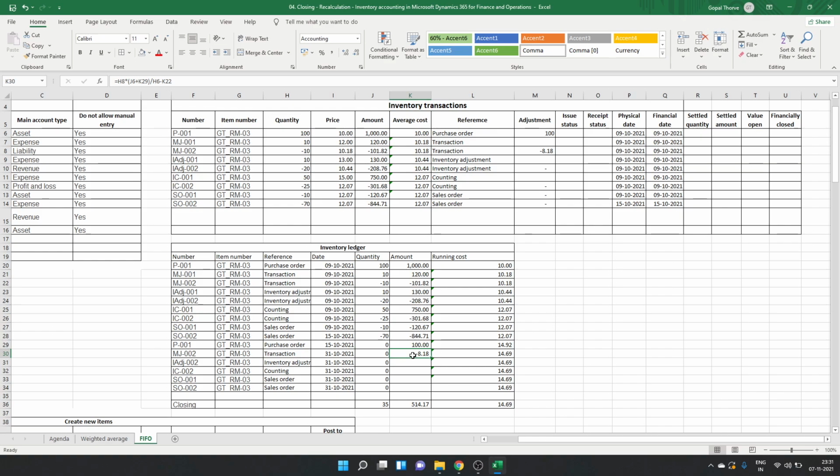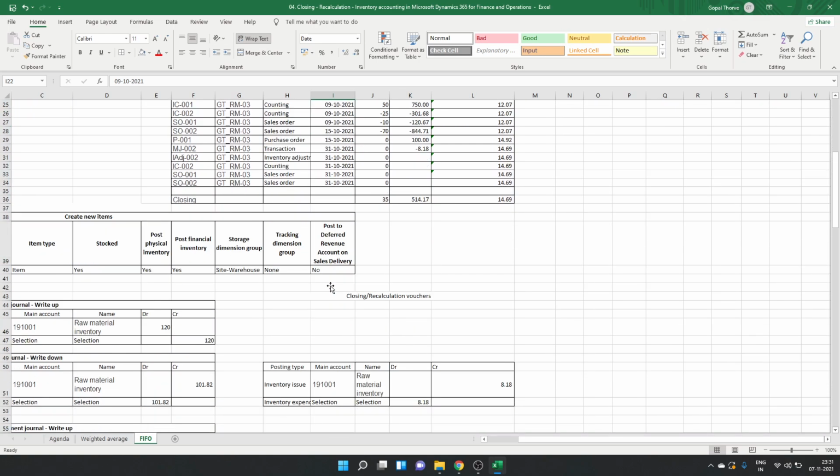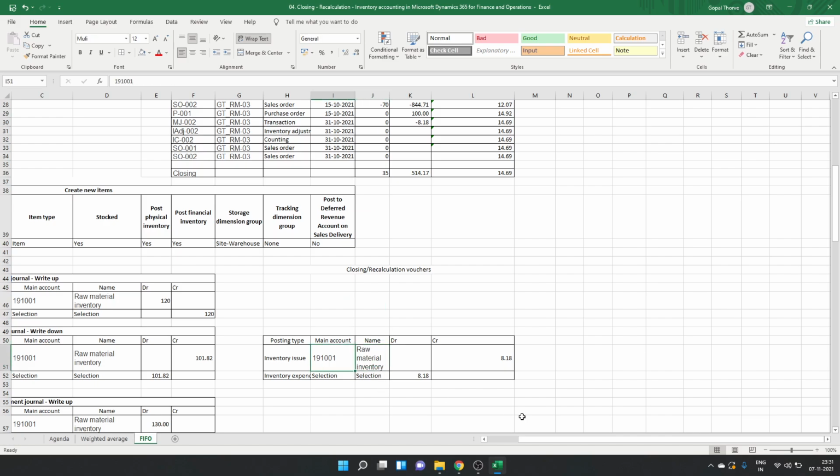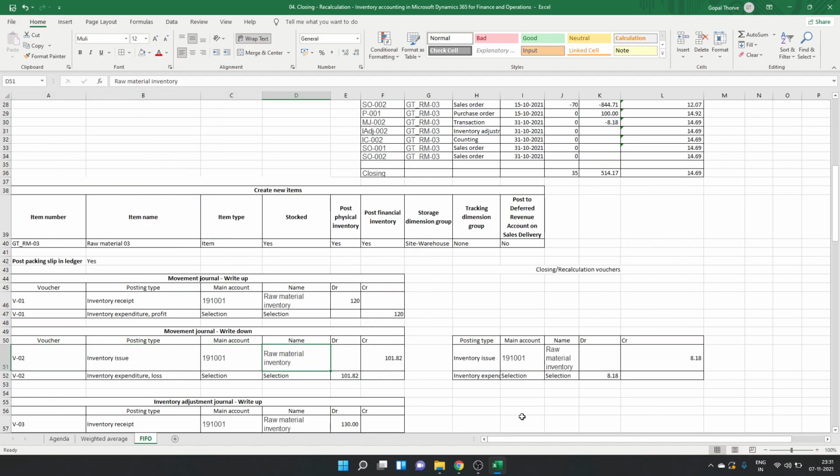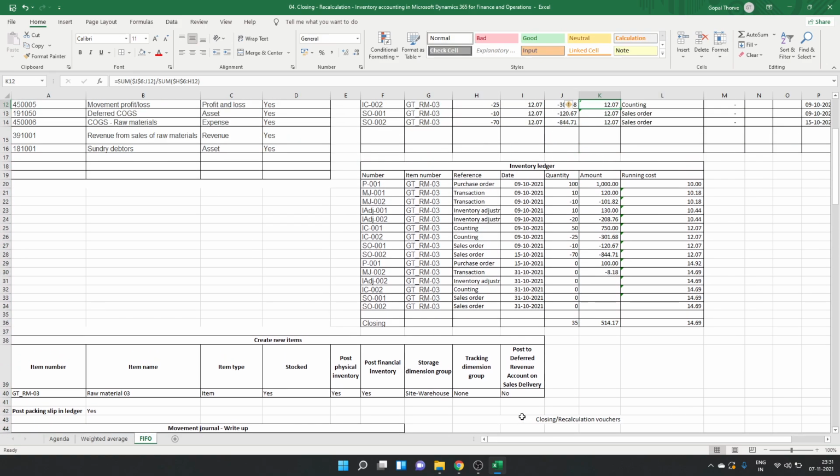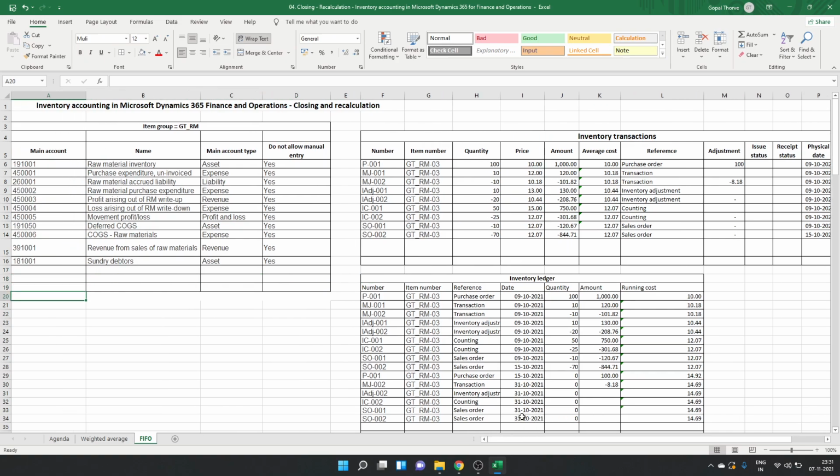Now if I sum up 8.18 and this, it is 110 on this particular issue transaction. And the GL accounts are taken from the movement journal itself. The inventory issue account, that is the raw material inventory account, gets credited by an additional 8.18, and my inventory expenditure loss is getting debited by an additional 8.18 due to the price cost. Now let me populate these things.